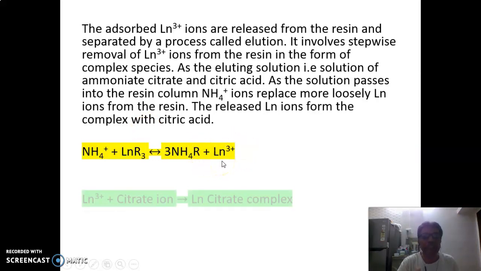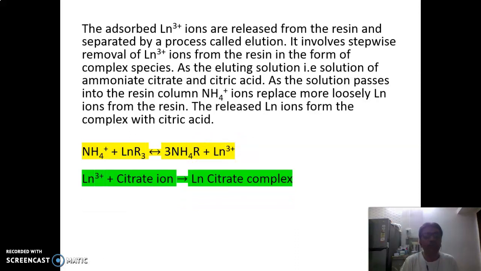Now the released lanthanon ion forms a complex with the citrate ion. This citrate ion is a very good complexing agent. Citrate ion is a bidentate ligand.